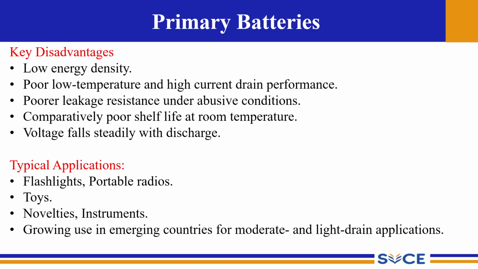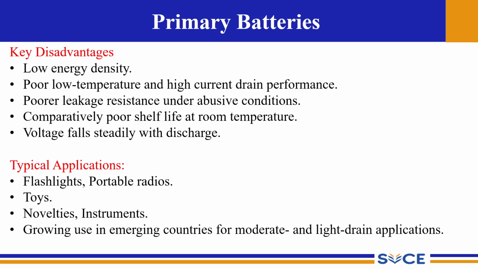Although they have a lot of advantages, they still have a few disadvantages, or you can say limitations. Both these batteries exhibit low energy density, which means that they provide less energy for their size and weight compared to more advanced batteries. In those times when they were manufactured, they had the highest energy density, but with the production of secondary batteries and alkaline batteries, comparatively they provide less energy.